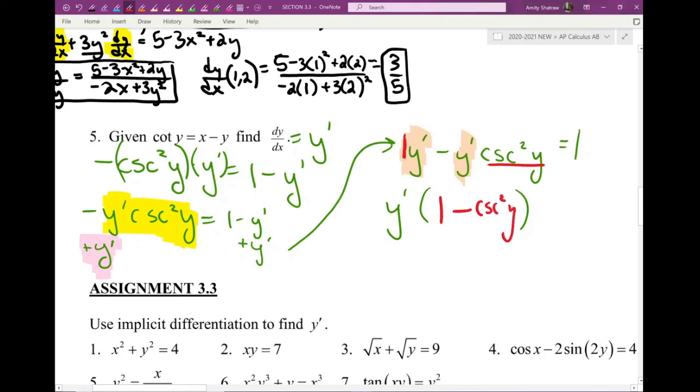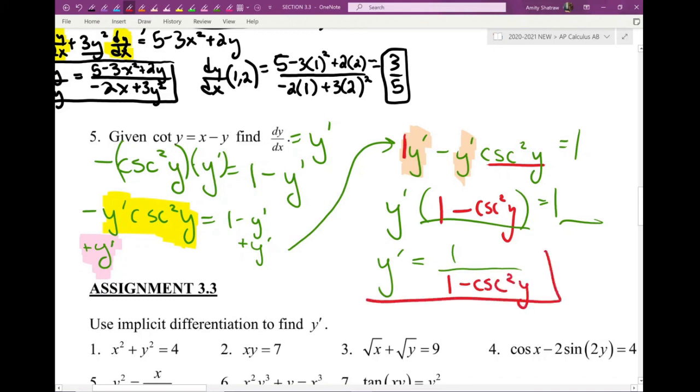And on the other side of that equal sign, I still have a 1. So when I divide by this, again for time and space, I'm just going to write down that y prime equals 1 over my whole coefficient of y prime. It's 1 minus cosecant squared y.